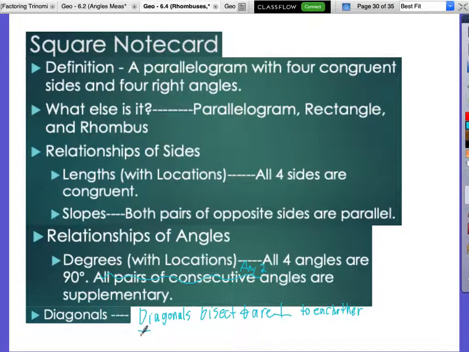They're also congruent. And they bisect a pair of opposite angles. That means all angles really are going to be bisected by diagonals.